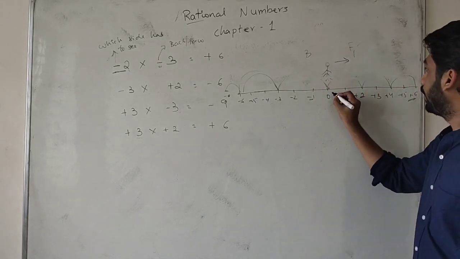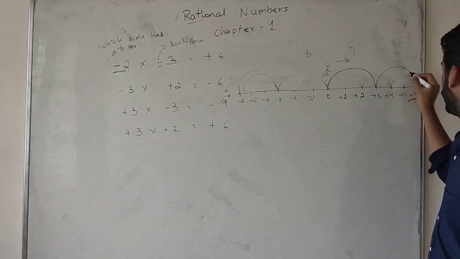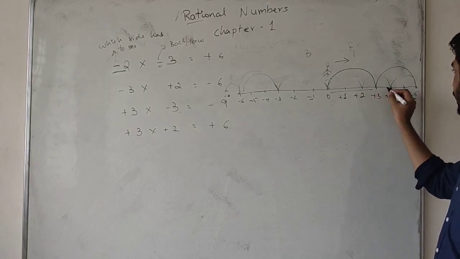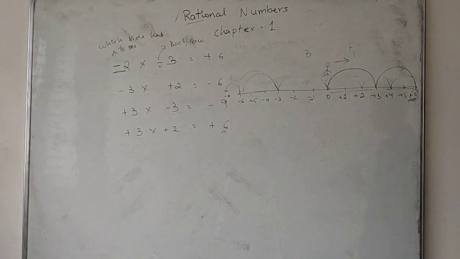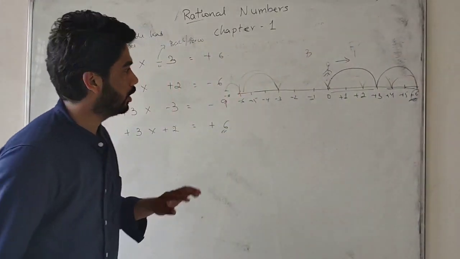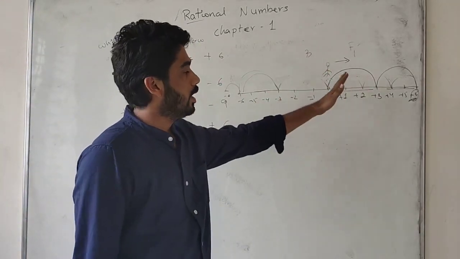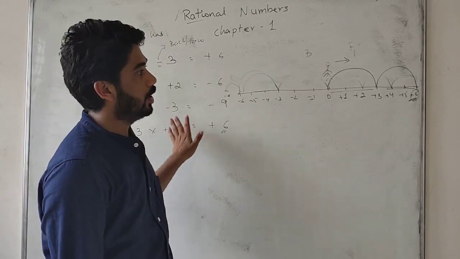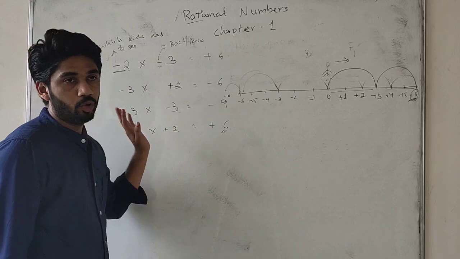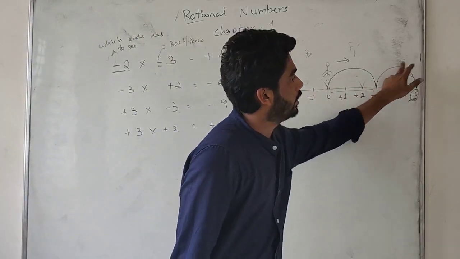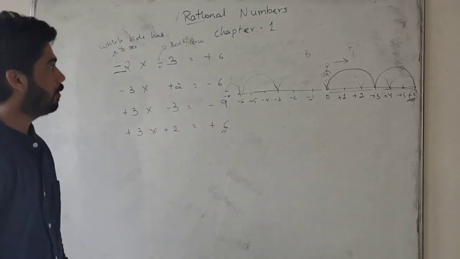So from here you will go to 3. Second, from here you will go to 3. So 3 steps twice, the answer will be +6. So friends, the first plus means which side you will be seeing. After that, one more plus means you will be taking a forward step of 3 steps in two processes, first and second. So in this way we have to do this type of problems.